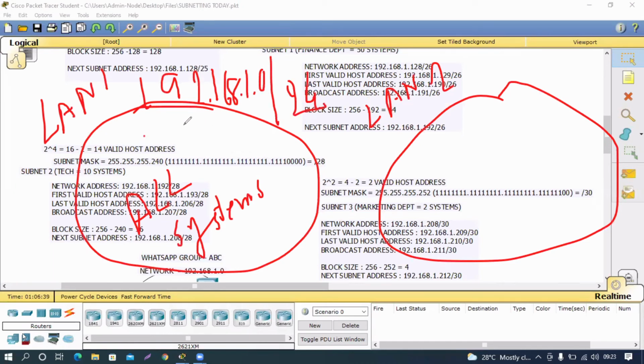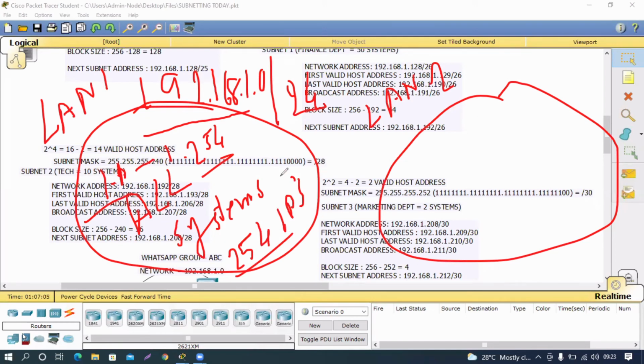This is one network where you are getting 1.1 to 1.254. You have the valid host range, like 192.168.1.1 to 192.168.1.254. This is a short way. You can give a total of 254 system IPs, right? Yes, sir.